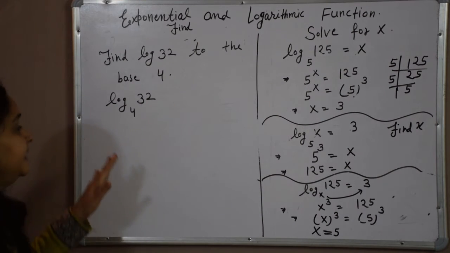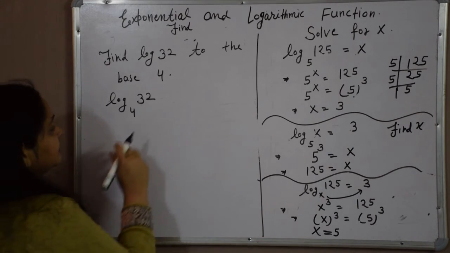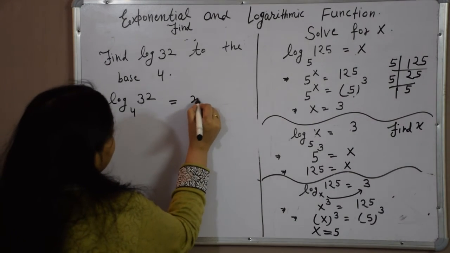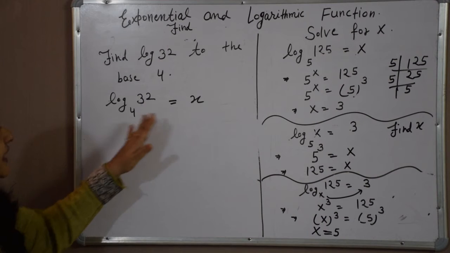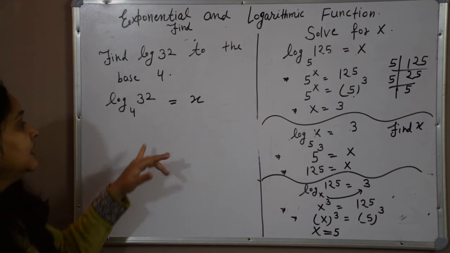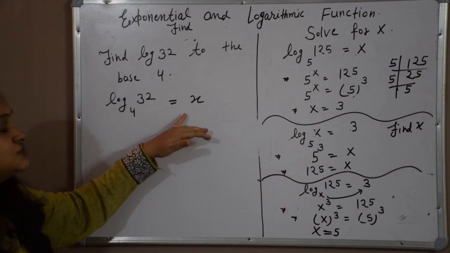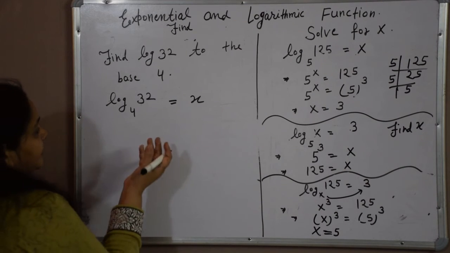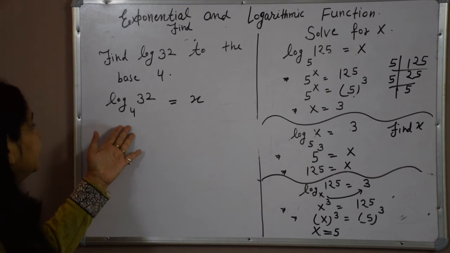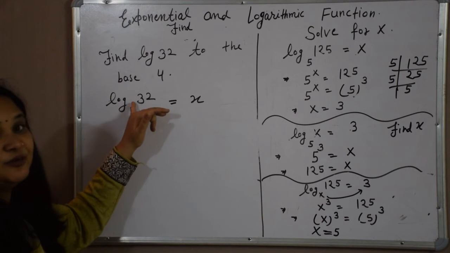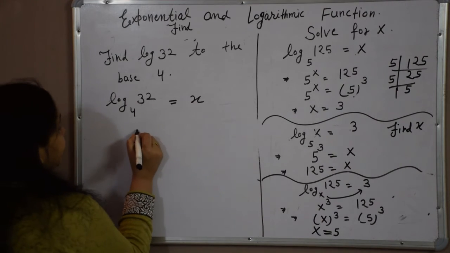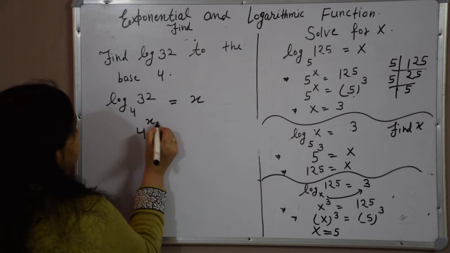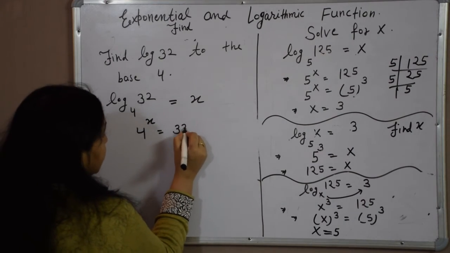First of all, we write it in logarithmic form, and we don't know what its answer will be, and we have to consider the third number, otherwise it will be difficult to find. So we are taking the unknown quantity as x. So what does it mean? What power of 4 will make it equal to 32? So we can write it in exponential form like 4 raised to power x is equal to 32.